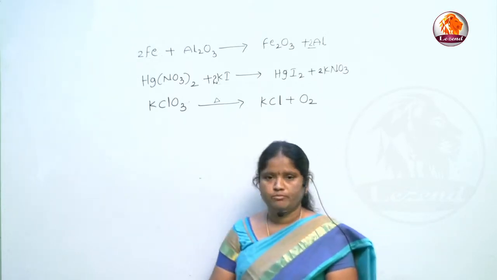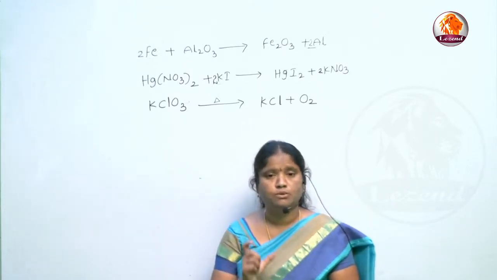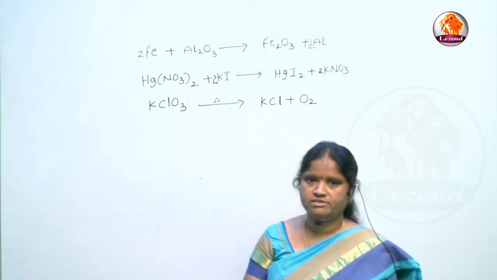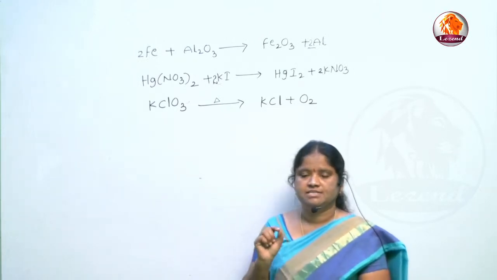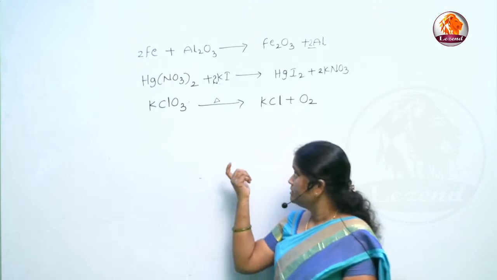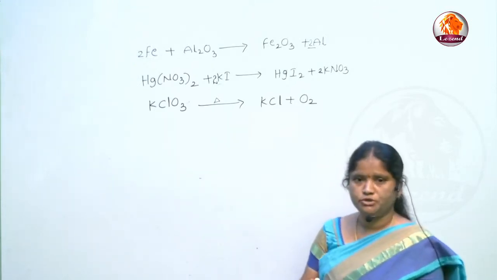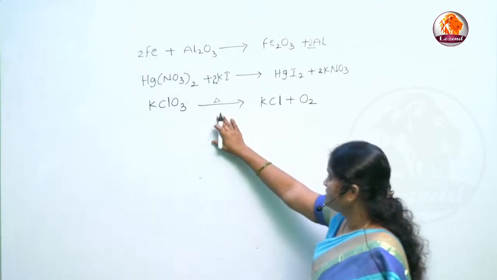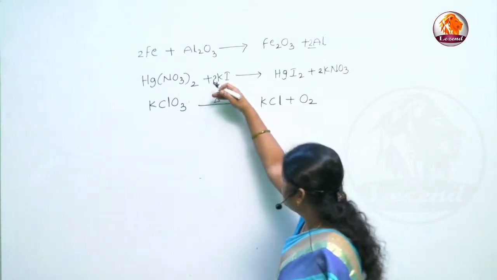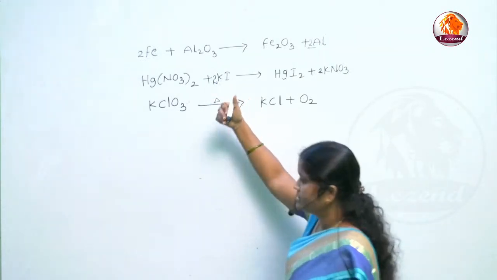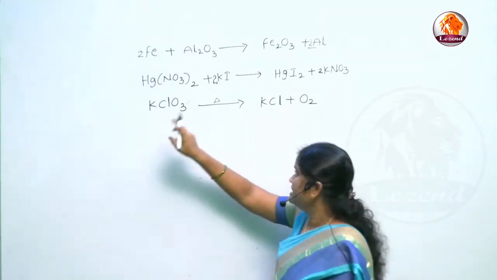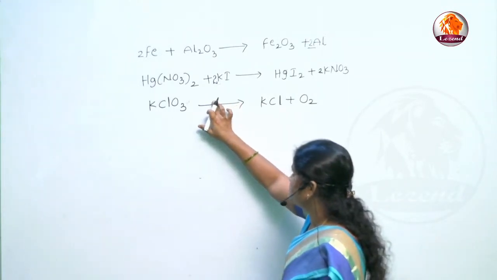For example nickel, copper, platinum, phosphorus pentoxide P2O5, such catalysts, if any are used, we also have to write above the arrow mark or below the arrow mark. Delta means it represents the presence of heat.